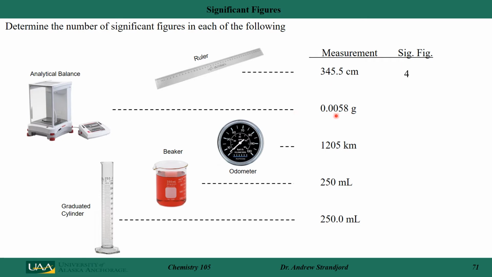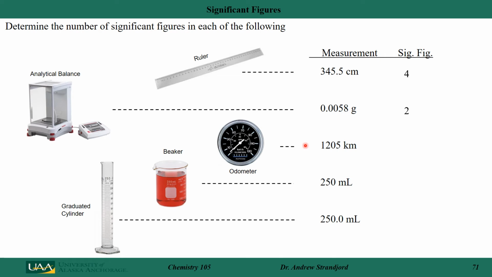If I use a balance and I report 0.0058 grams, these zeros out in front are actually leading zeros, so they're not significant. So in this case, I only have 2 significant figures, the 8 here being my uncertainty.